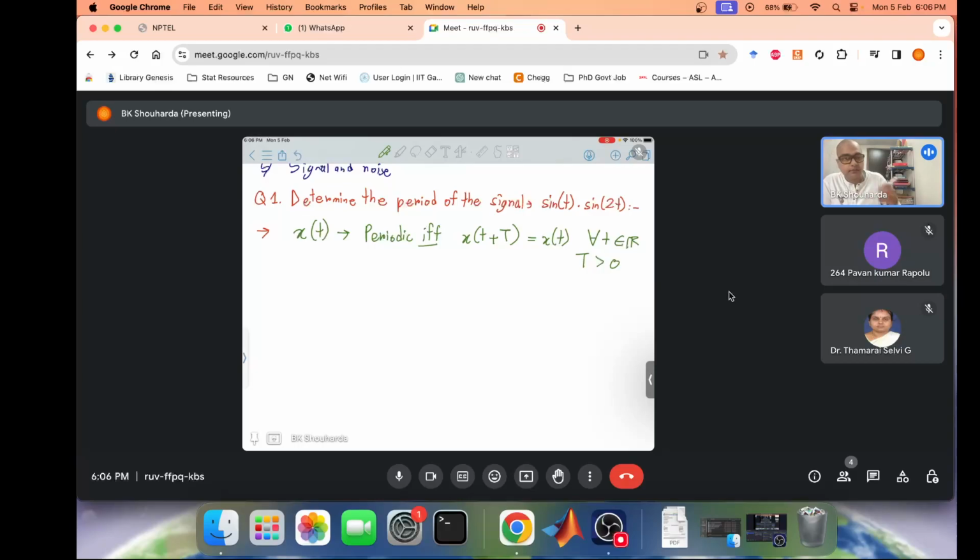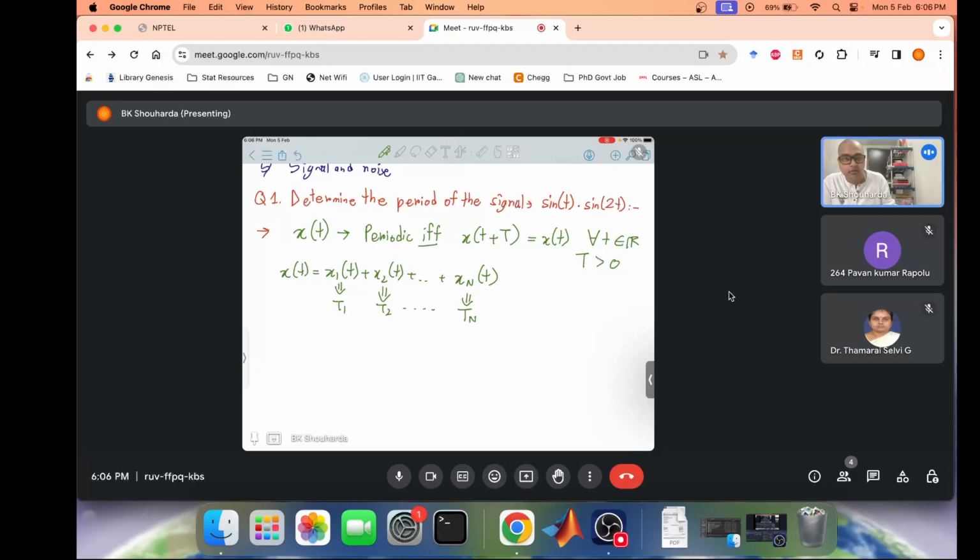And when we have multiple signals, say x(t) is x1 of t plus x2 of t plus so on till xn of t, let's say each of them are periodic with T1, T2 and Tn. Now what is the period of the composite signal?